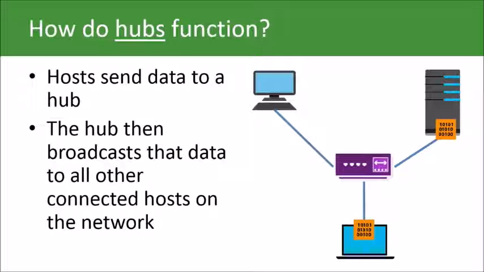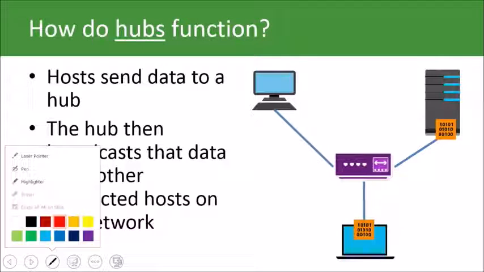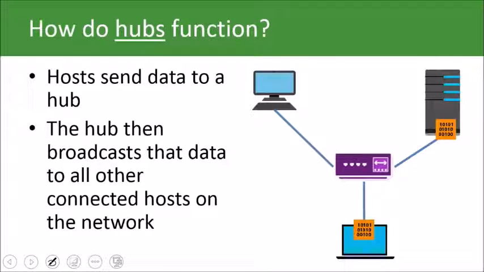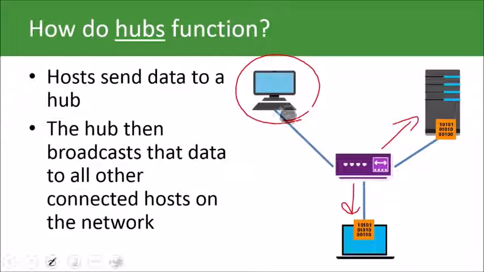But what happens is, this computer, this device, like you just saw in the demonstration, sends its data, and then every other device that's connected to a hub is going to receive that data. The difference, though, or rather a potential problem here for us, is that this computer may only want to send data to this laptop down at the bottom of the screen and not to the server that's located up at the top right.